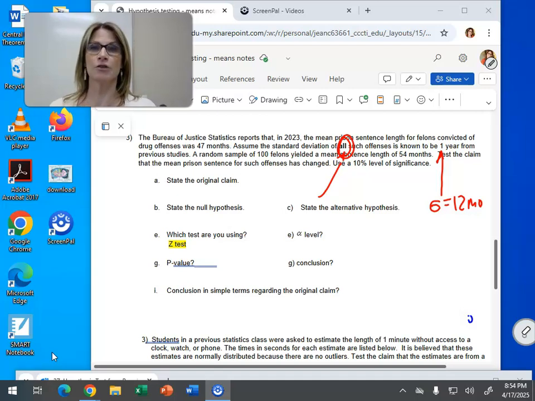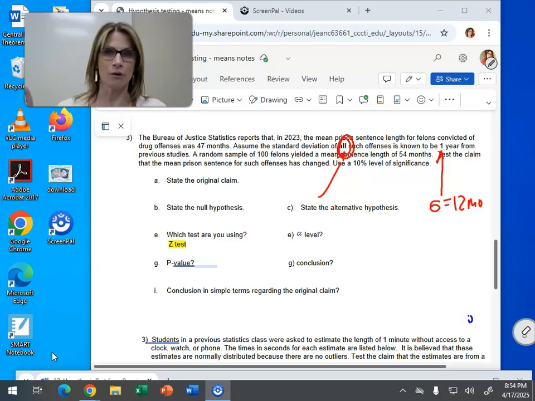In all my years of doing statistics, I have rarely had anyone that I've ever worked for where I've actually known the standard deviation, maybe one time ever. So you will probably never in your entire life actually know the population standard deviation. Maybe if you work for the Center for Disease Control, maybe, but probably not.